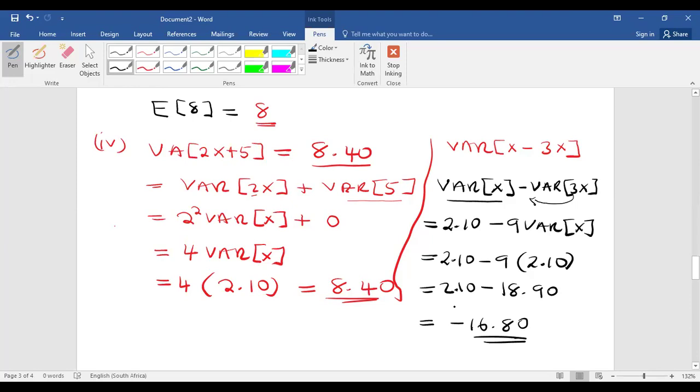Sir, could you repeat the first two questions? I was late. I don't know how to find the expected value. I came in when you were solving for variance of x, so I didn't get the upper part.